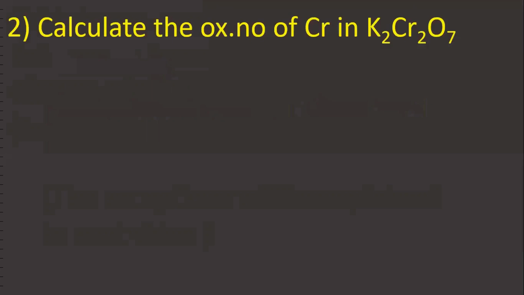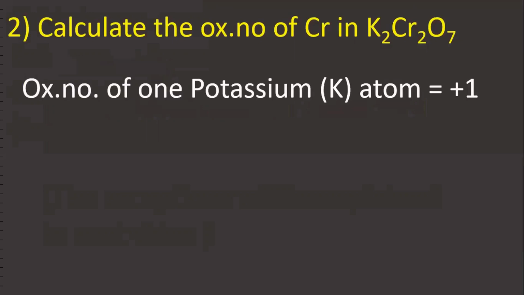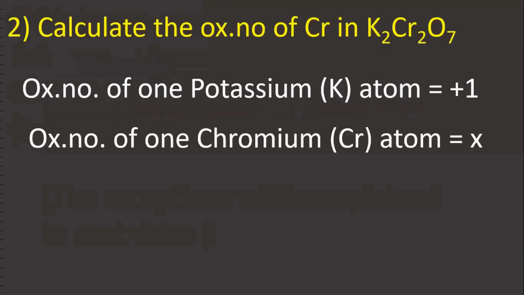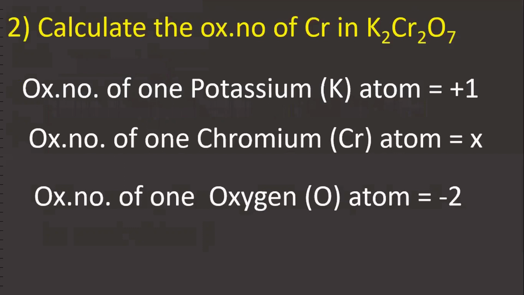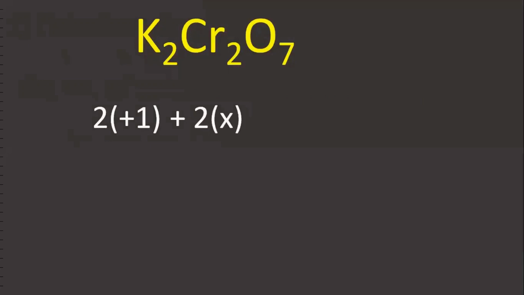Let us take second example. Calculate the oxidation number of chromium in potassium dichromate. 1 potassium atom, alkali metal +1, chromium not known, oxygen -2. Substitute the values: 2 potassiums, 2 into +1. 2 chromiums, 1 chromium X, 2 chromiums, 2X.